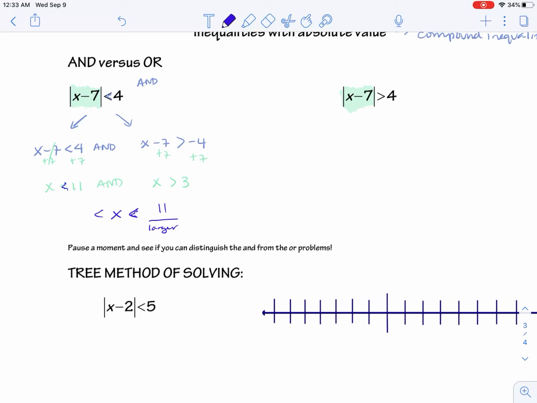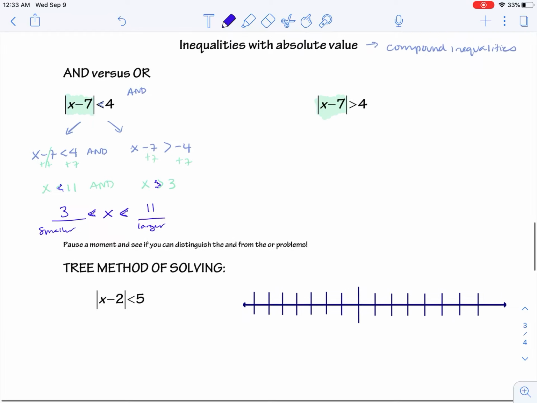And in this part, it's also eating the 11. And we're going to put our smaller number here, which is 3. And look, in this case, it's eating the x, and this inequality is eating the x. So we've set it up correctly. And we're going to shade in everything from 3 to 11. We're going to have open circles at 3 and at 11 and shade everything in between.